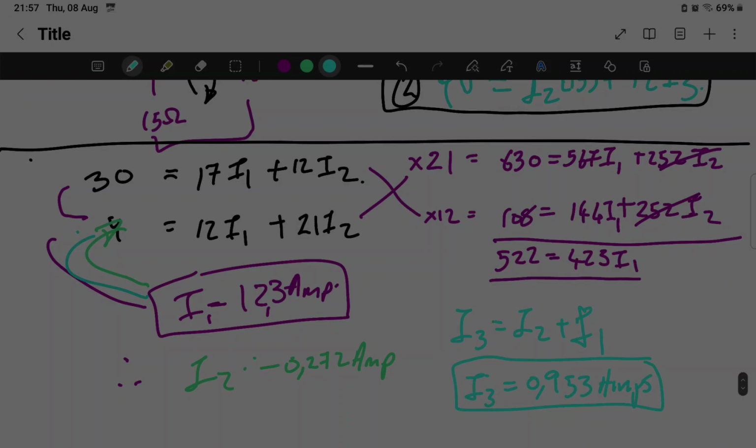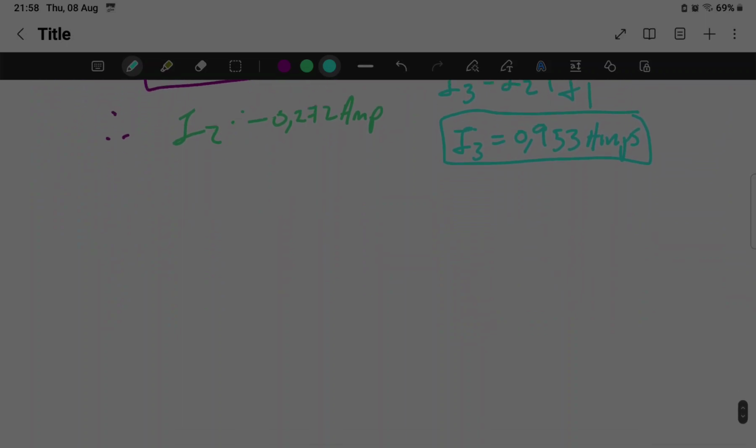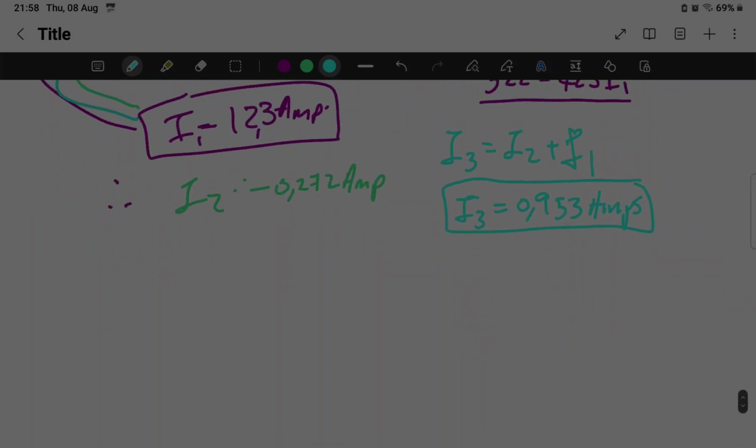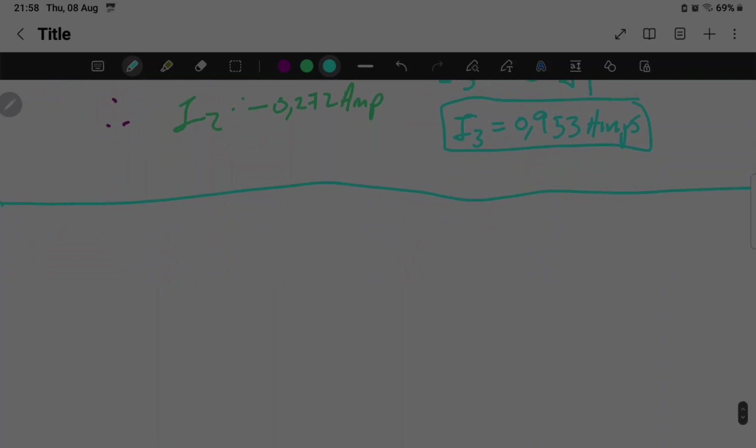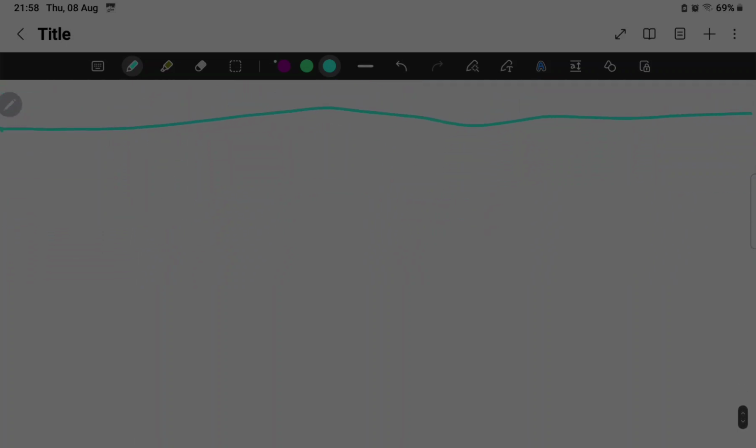So this will be the last example, and this recording will end shortly after this example. Let me just change this color.